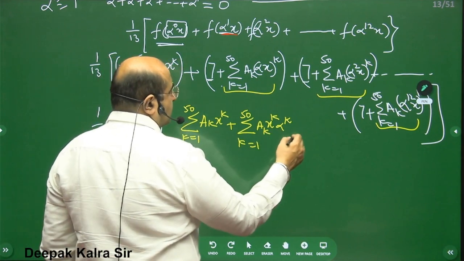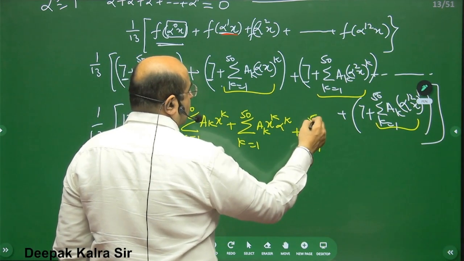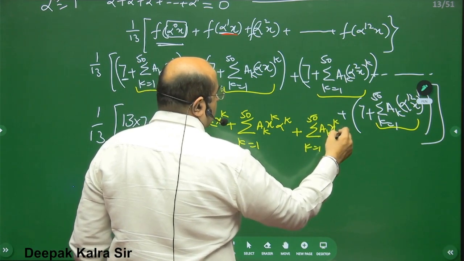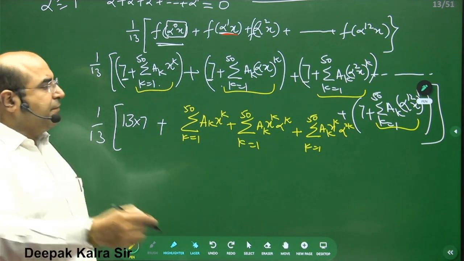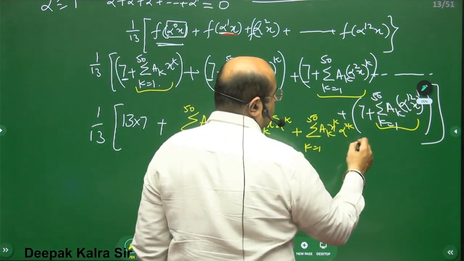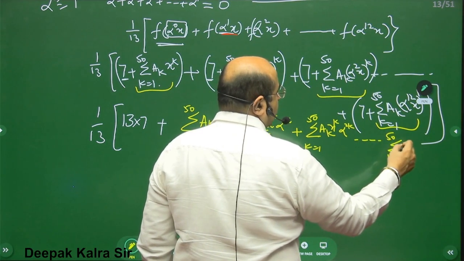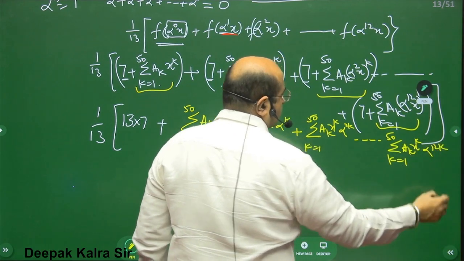Then you have sigma k equals 1 to 50 a_k x bar k alpha 2k. Successively, the last one goes sigma k equals 1 to 50 a_k x bar k alpha bar 12k.